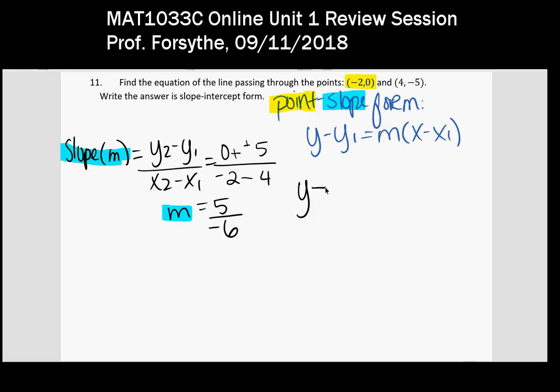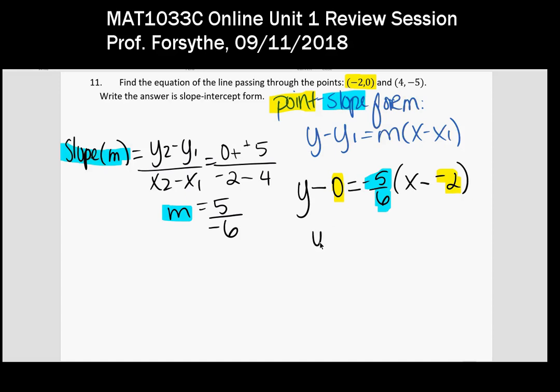So I have y minus my y value, 0, equals m, which I found to be -5/6, times x minus the x coordinate of the point, -2. Just to make sure you know where everything's coming from, this came from the point, and this is your slope.